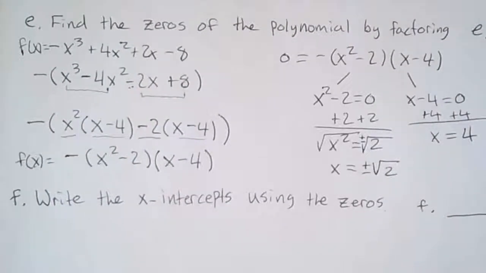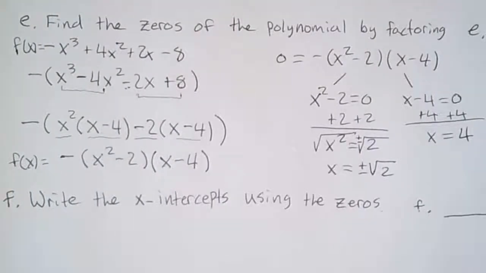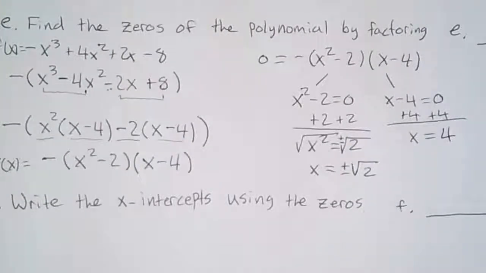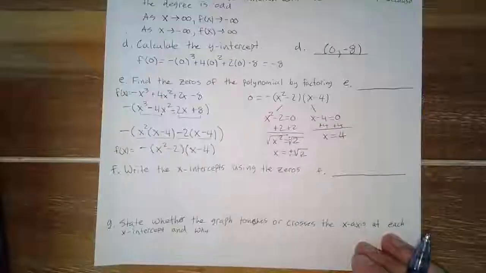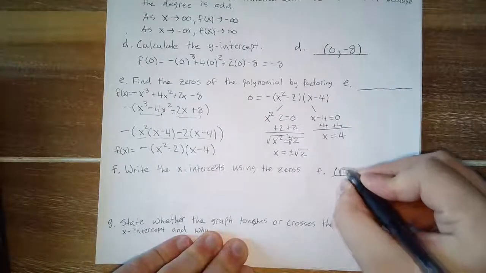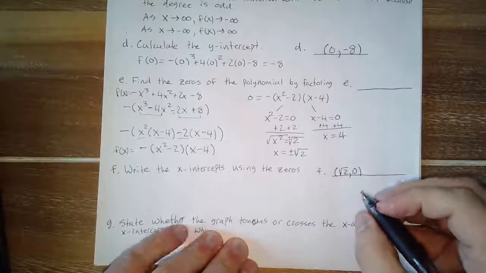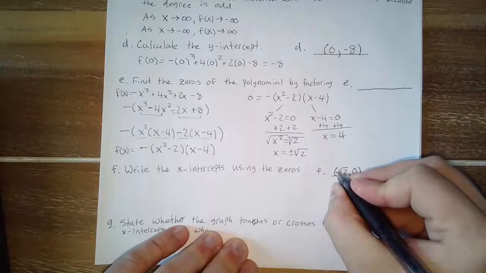I have negative square root of 2, comma, 0, then the square root of 2, comma, 0, and 4, comma, 0. And that is the x-intercepts using our zeros.